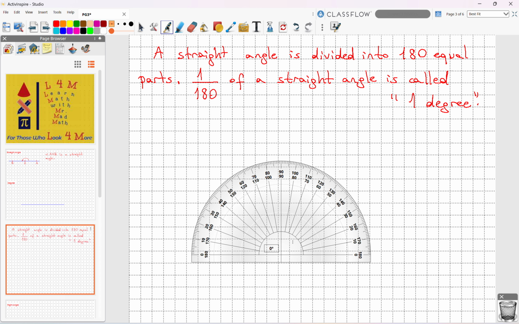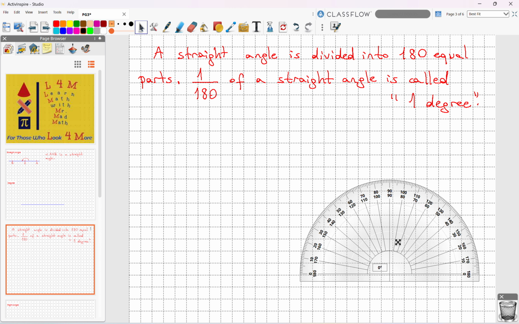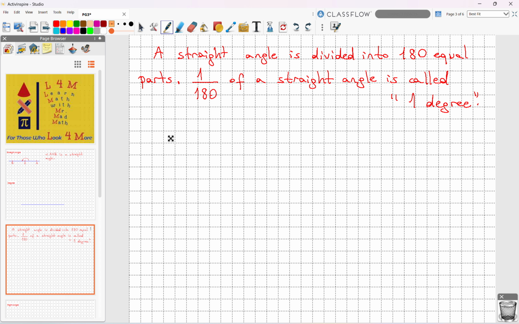So by definition, we can understand that a straight angle equals 180 degrees. The protractor moved to this page, I'm just removing it. So by definition, a straight angle equals 180 degrees.